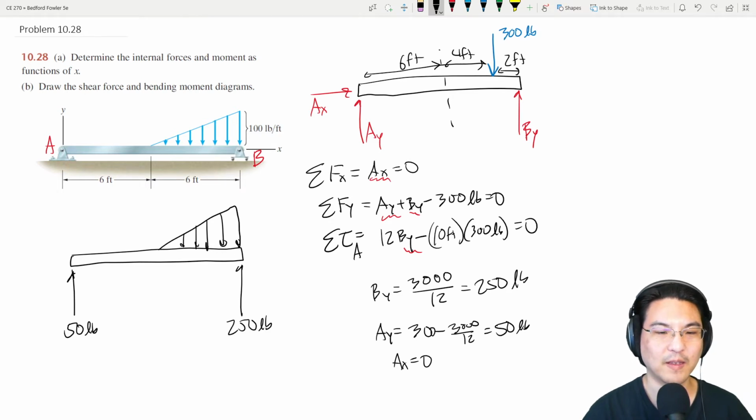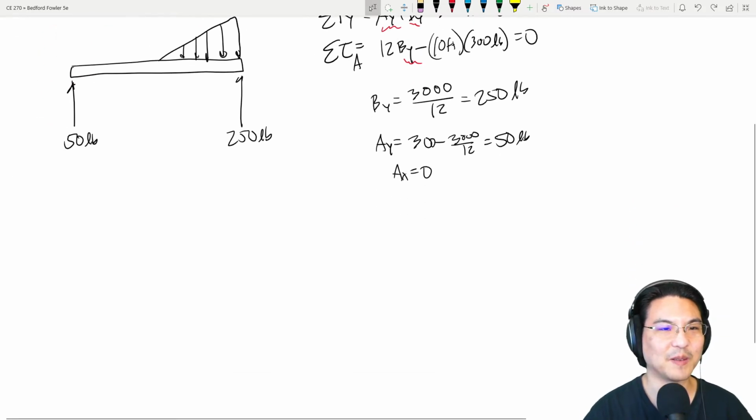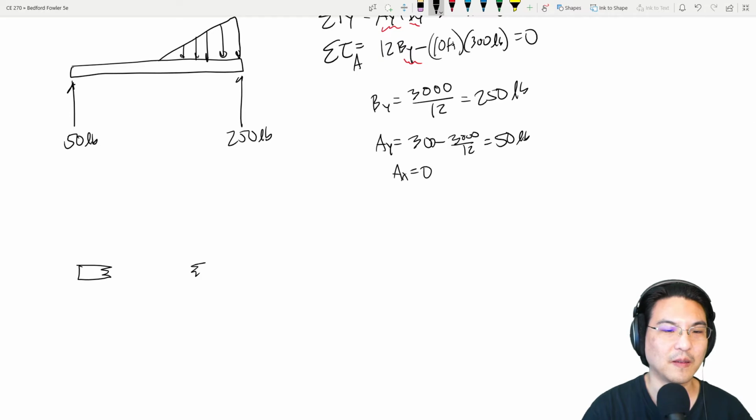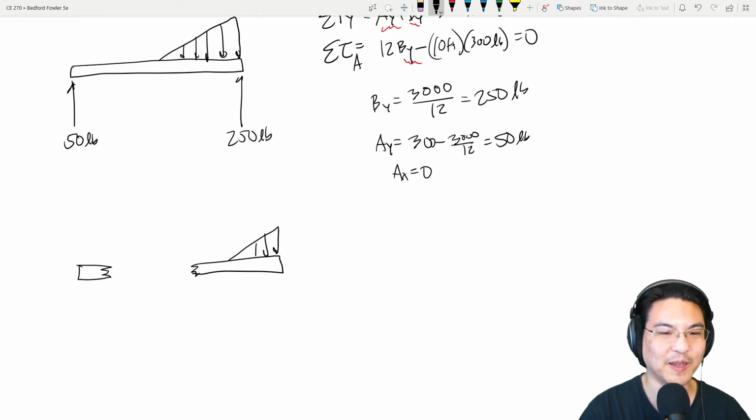Okay, now if you cut the beam anywhere between here and here, between 0 and 6 feet, no matter where you cut it, the free body diagram will always look sort of like this.